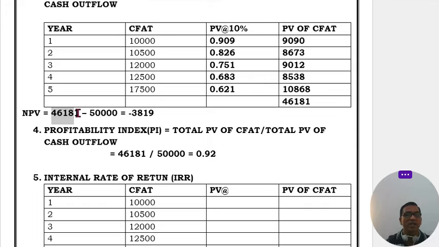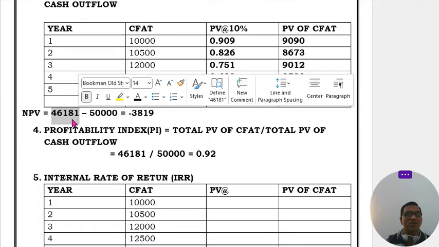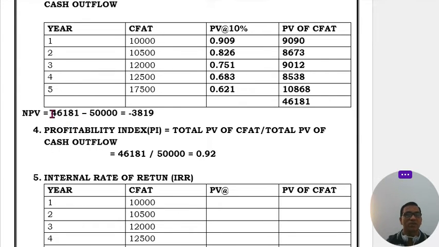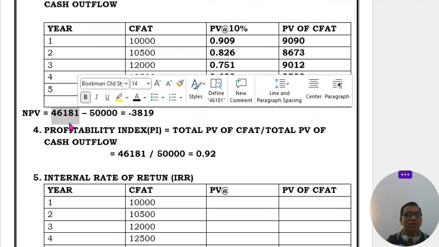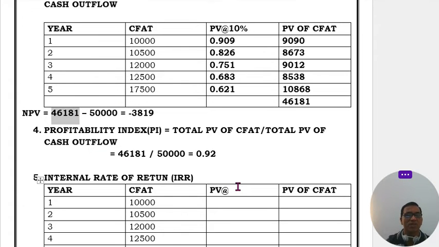To increase this value, we have to decrease the rate of return. Before we tried 10%, now we try below 10%. Below 10% means anything you can try: 9, 8, 7, 6. Let me try 8%.